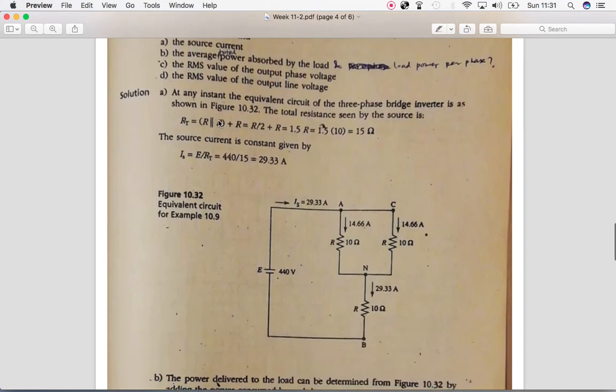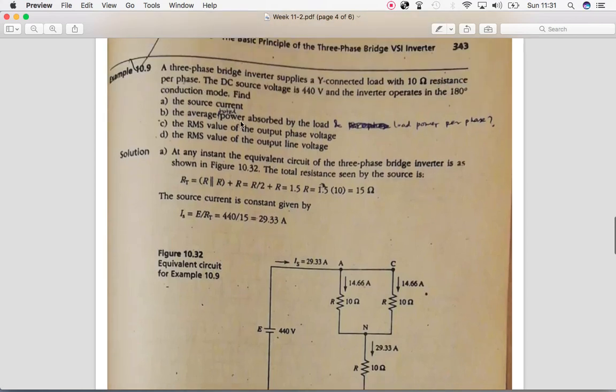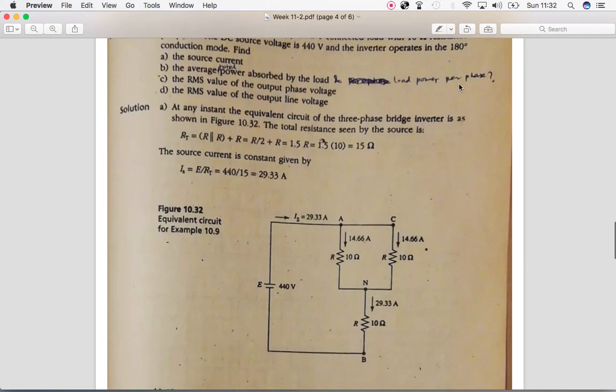For the calculation of the source current, you have to calculate the equivalent resistance. You can do it this way, which is 15 ohms, and divide the input DC voltage by this resistance to get the source current, and then calculate the total power absorbed by the load and the load power per phase.